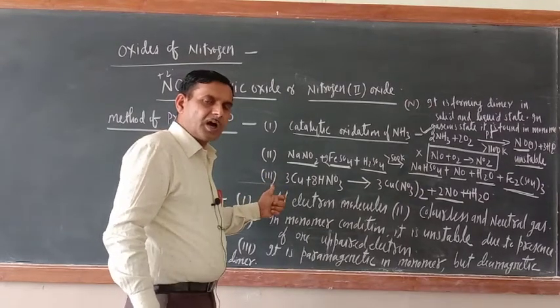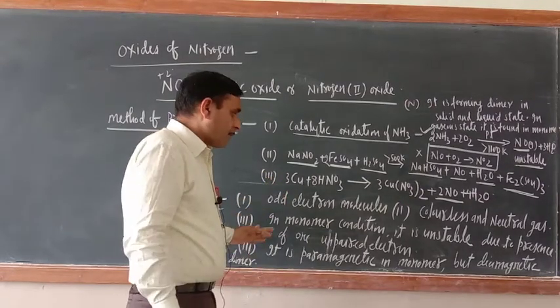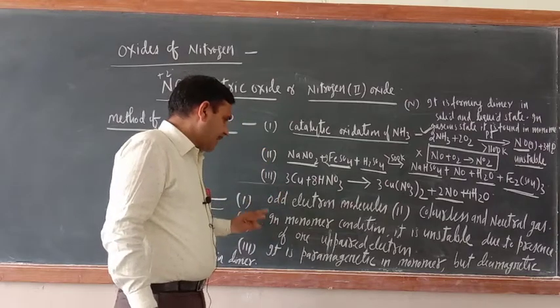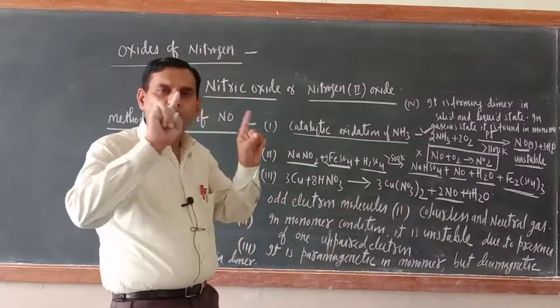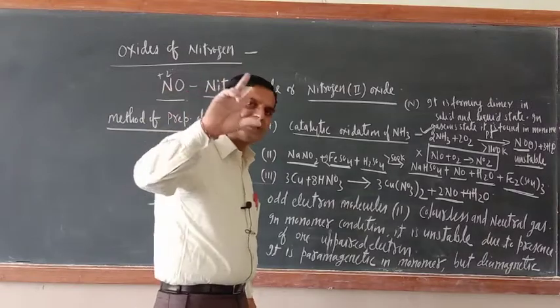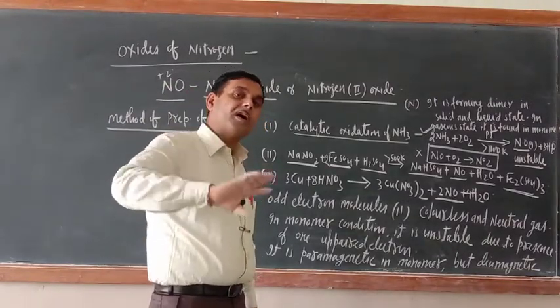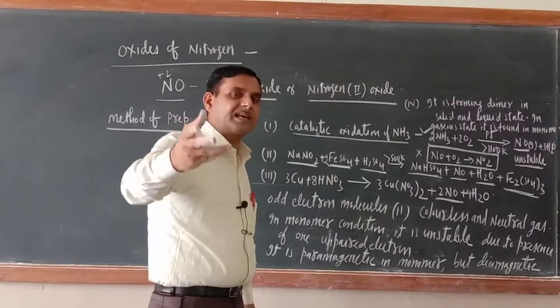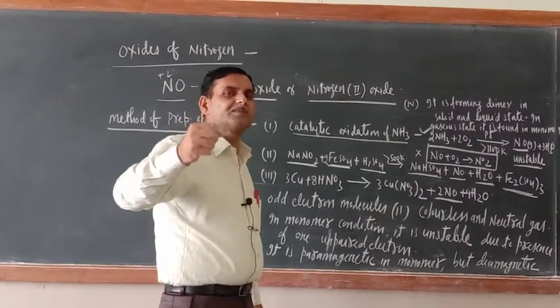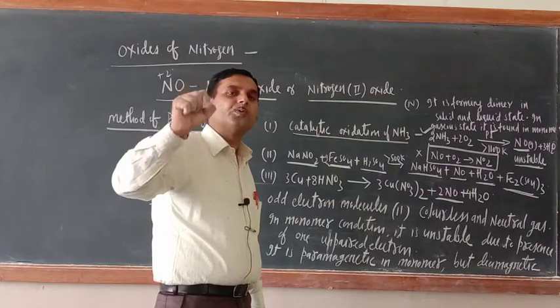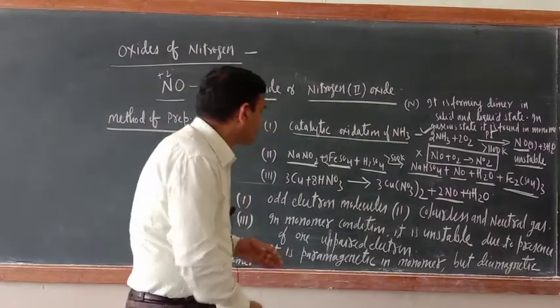I will show you how it is unstable. But try to understand, it is found in the monomer condition in the gaseous phase only. In solid and liquid state, it forms a dimer and gets stabilized. The dimeric form is N2O2.